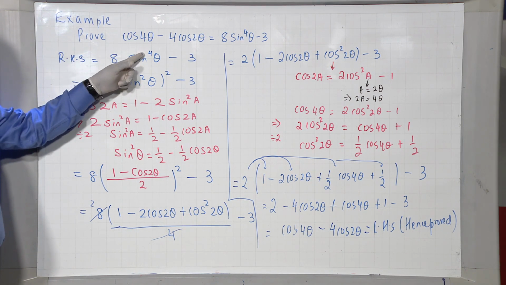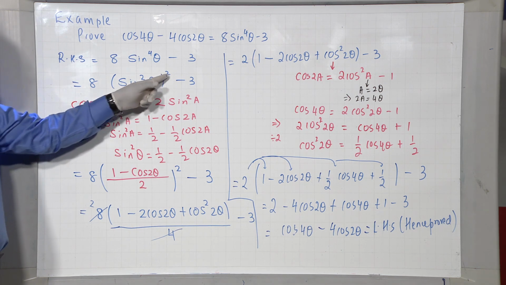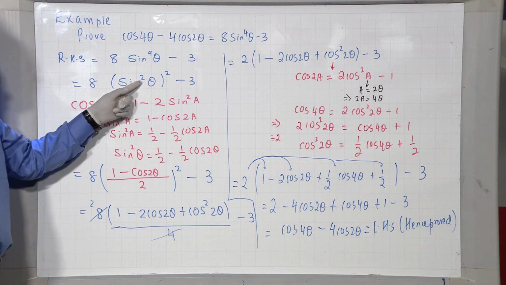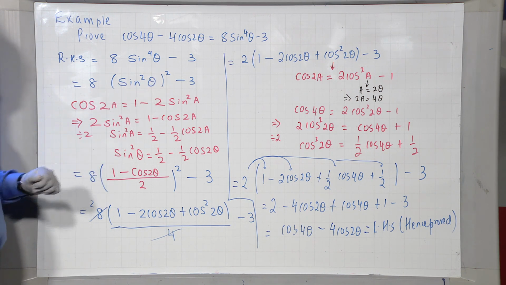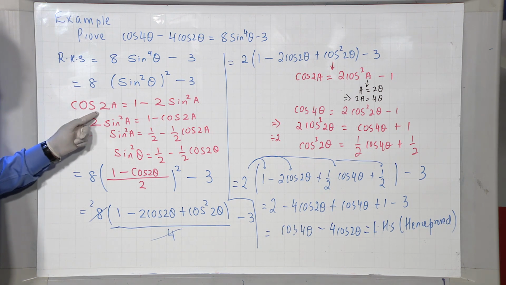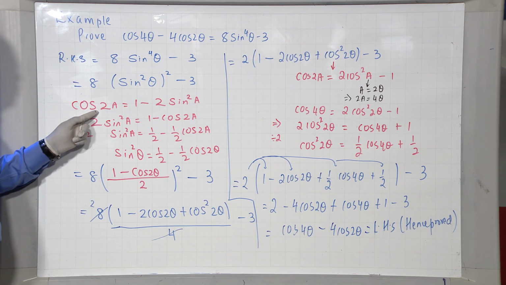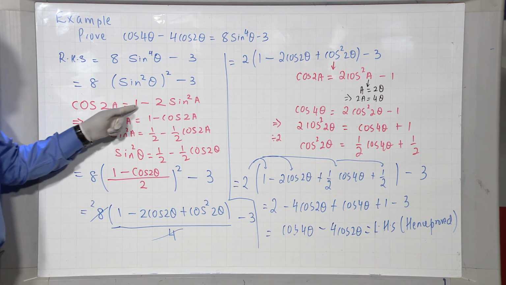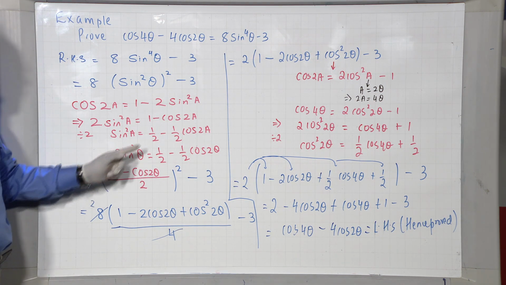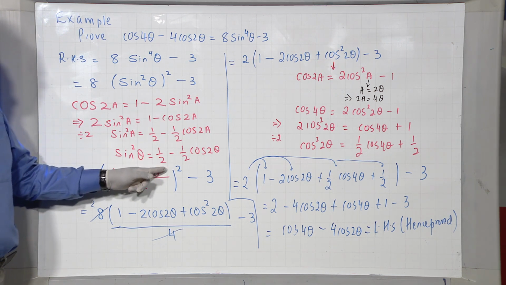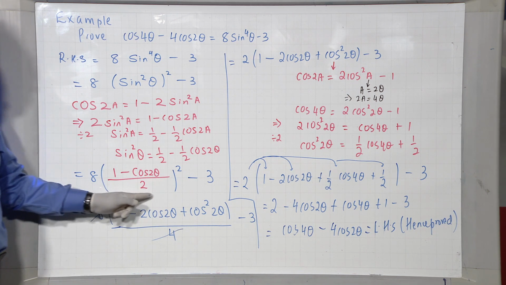We decided to write power 4 as power 2, power 2. So sine power 4 theta becomes sine squared theta, squared. Now the sine squared I decided to replace in terms of cos 2 theta. So I remembered that cos 2 theta is 1 minus 2 sine squared theta, and we made sine squared the subject of the formula. It became half minus half cos 2 theta.